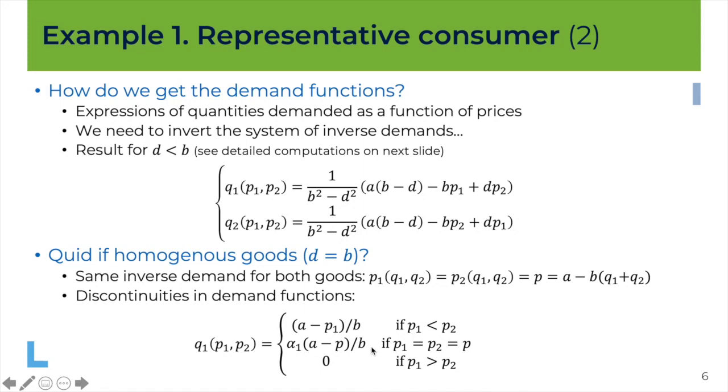Then the consumer is going to buy some fraction of good 1 and some fraction of good 2. The fraction here is written alpha 1. So it's going to split somehow between the two goods, which are seen as the same and priced the same as well. Okay, we'll go back to this demand function, which is discontinuous, when we briefly recall the Bertrand model next week.